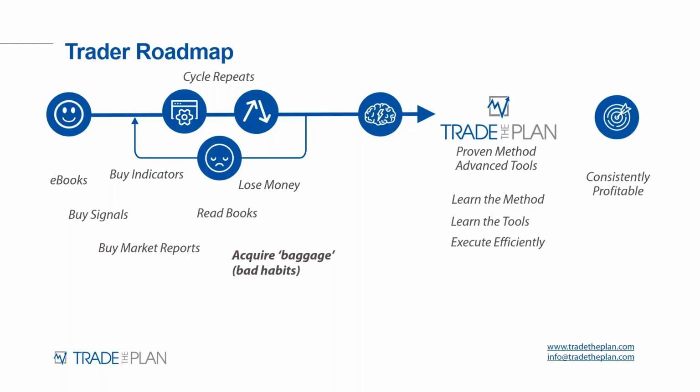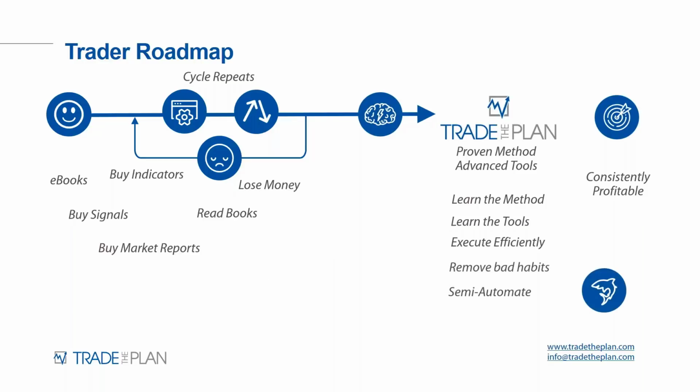Obviously, you've picked up some bad habits along the way. Not following rules, overtrading, missed trades. We've all been there, and that's where Shark Indicators comes in with Bloodhound and Blackbird, where we can semi-automate the trades with trade management. Dan's going to demonstrate that in a few moments here.